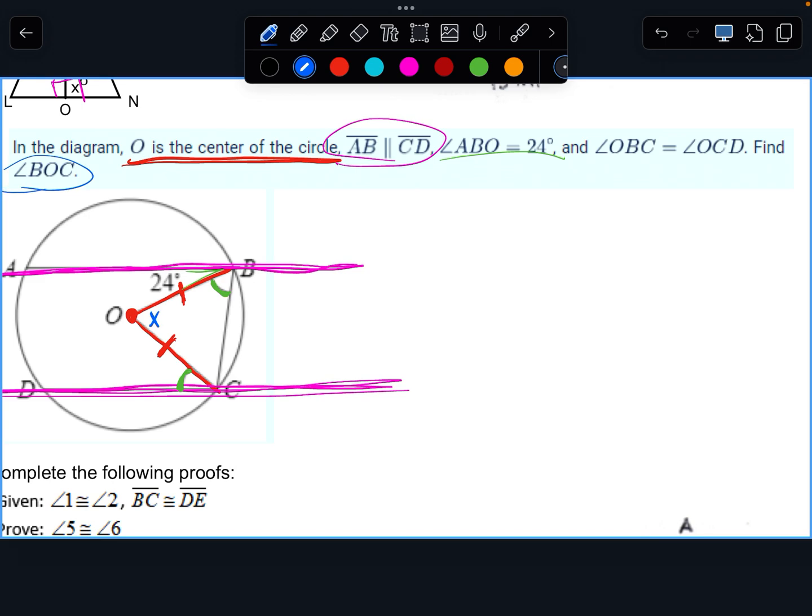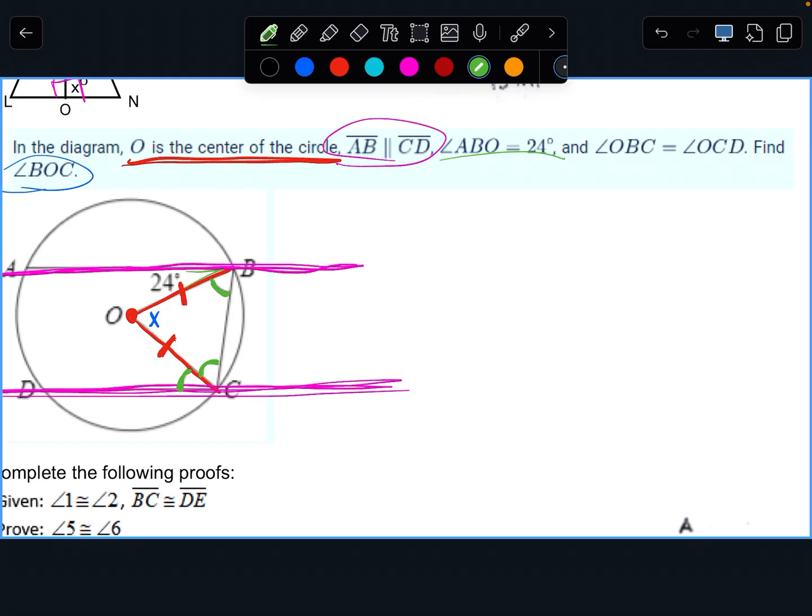Okay, so this is a multi-stepper, and it's going to be a little sassy. We'll try. Isosceles triangle, right? If you're doing angles in there, two of them are going to be the same, and the two that are the same are the base angles. But look at what happens.